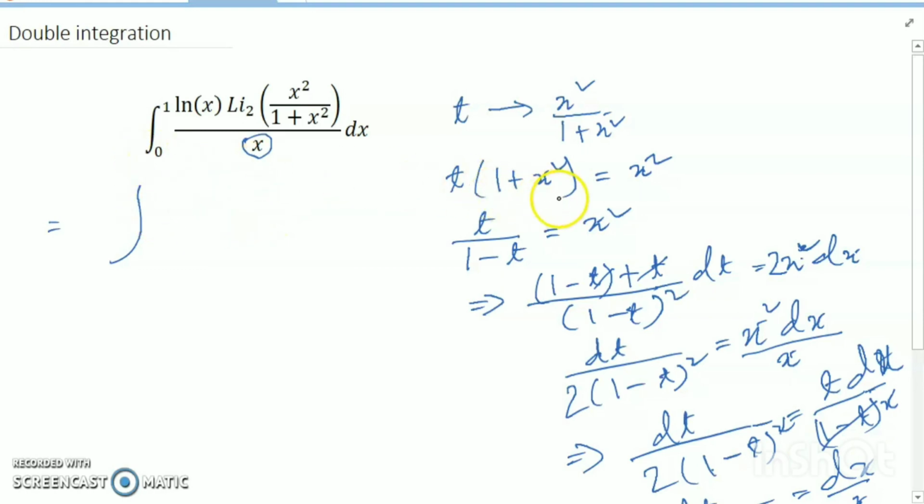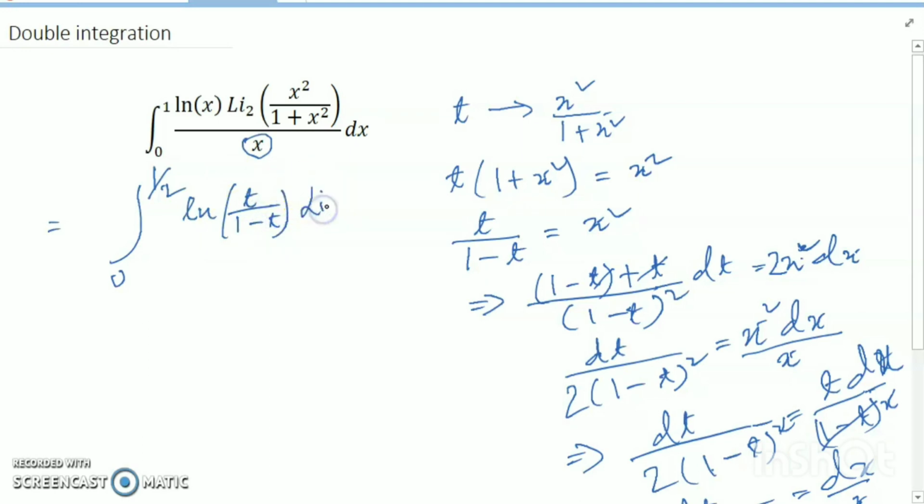When x is equal to 0, then t is equal to 0. When x is equal to 1, then t is equal to half. So the limit is this way, and ln x square is ln of t divided by 1 minus t.